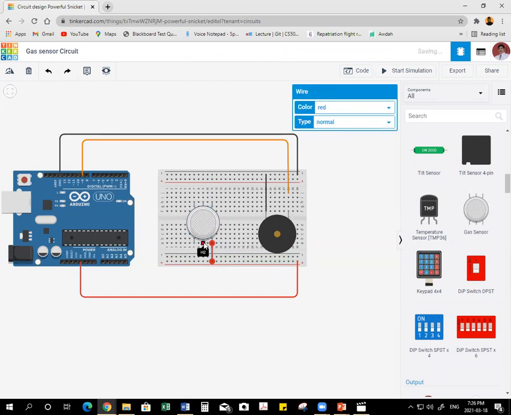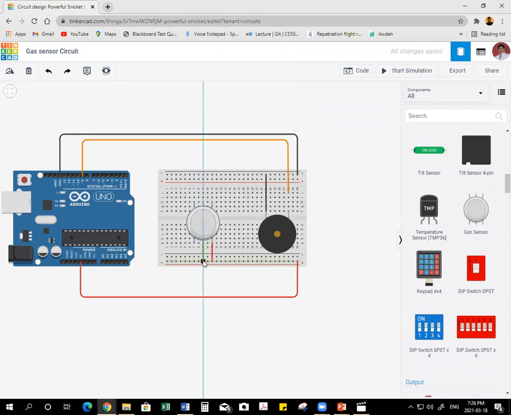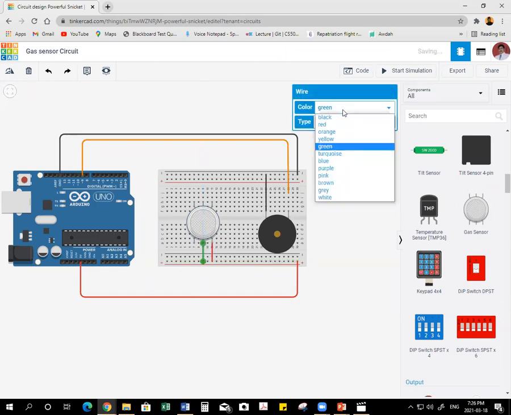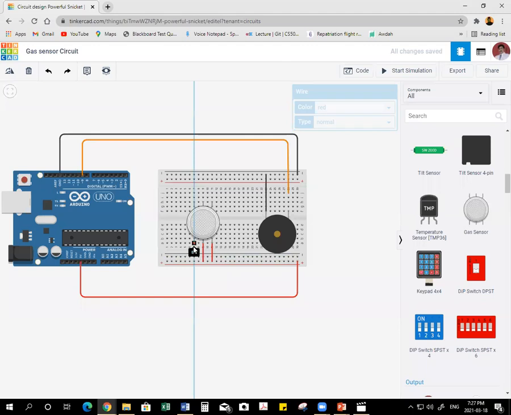Like this, we have different circuits inside. We are not going in depth into the structure of the gas sensor. First we have to follow the connections. These 3 are red and we are giving them the 5 volt supply. They need 5 volts. Now we have another 3.